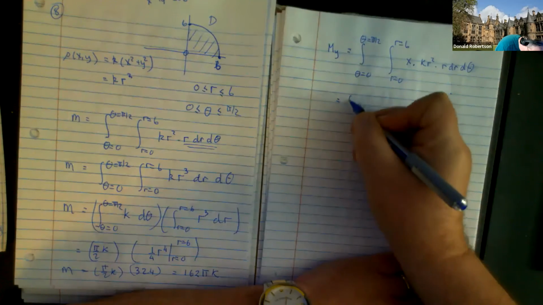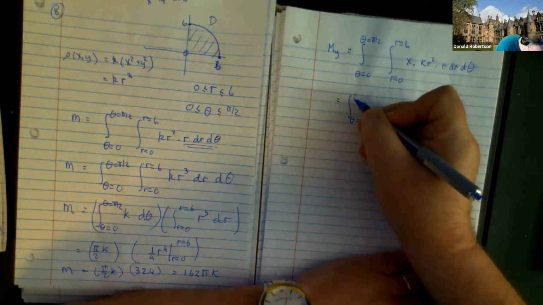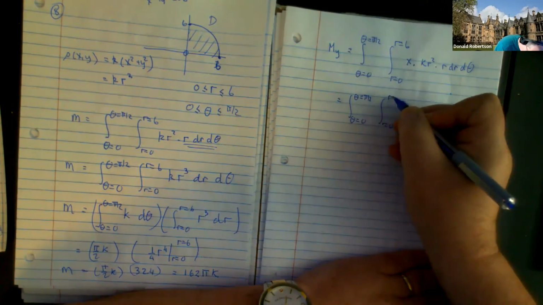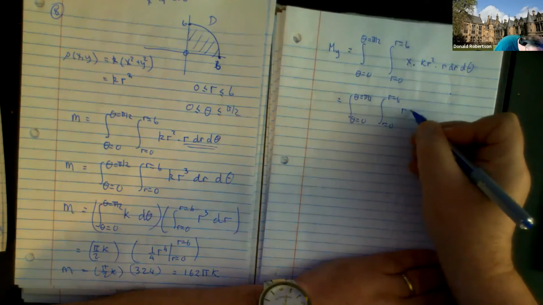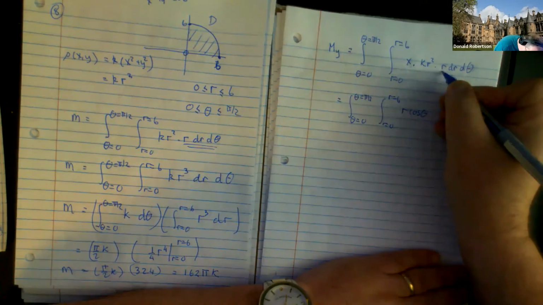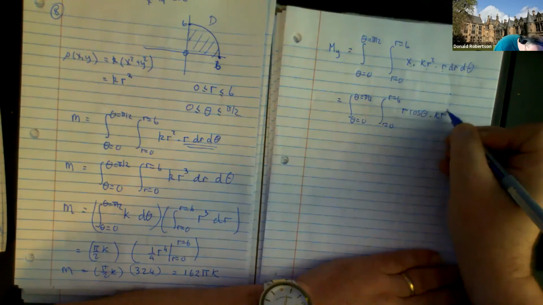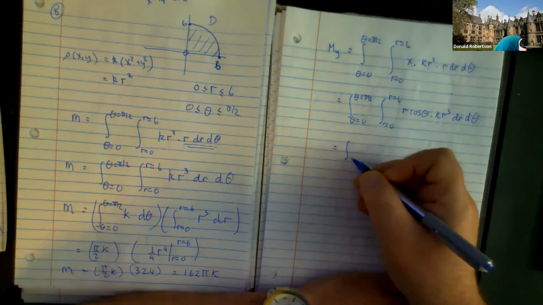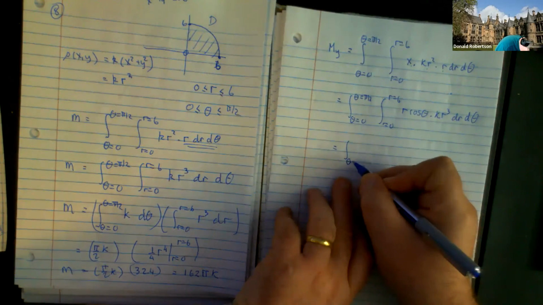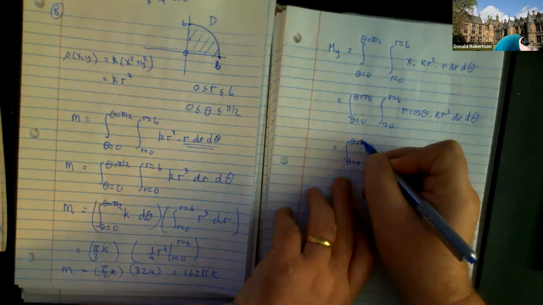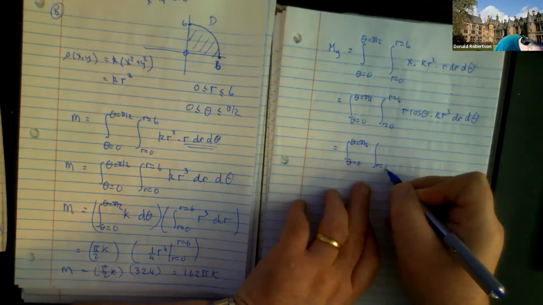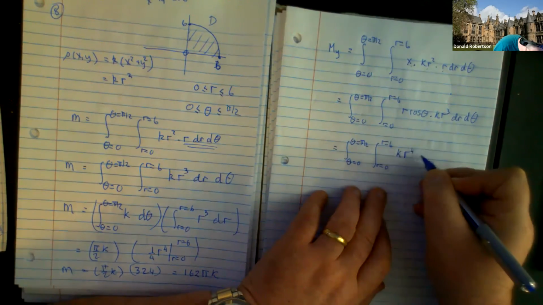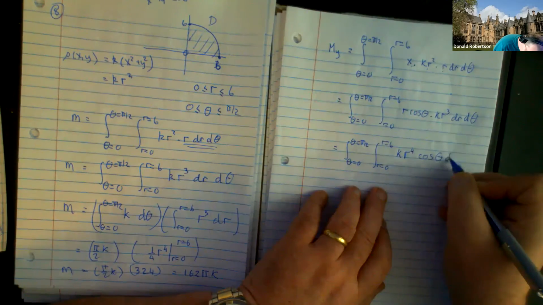Since I'm working in polar format, I need to replace any x and y's that are left over, in this case just an x, with an r cos theta. I'll join these guys together and get k r cubed dr d theta. That in turn is now going to go theta equals 0 to pi upon 2, r equals 0 to 6. And we now have k r to the 4 cosine theta dr d theta.